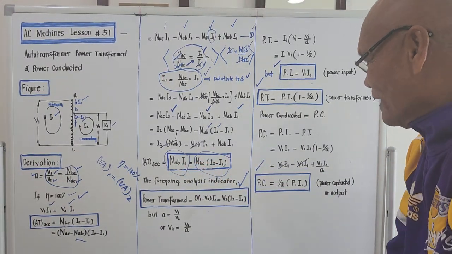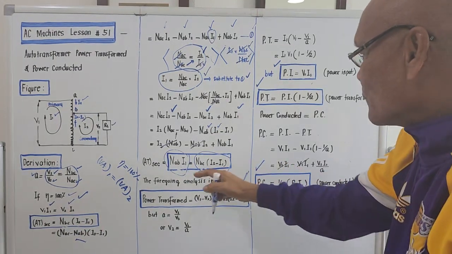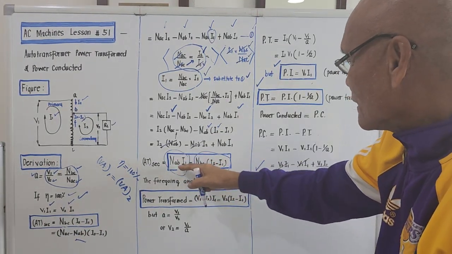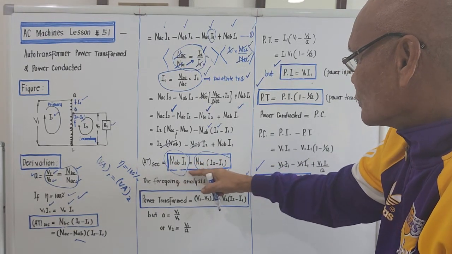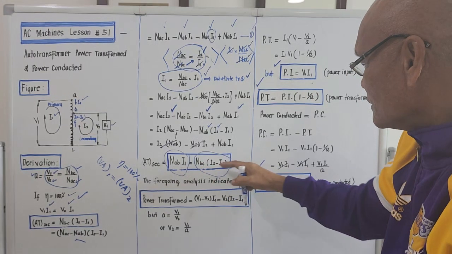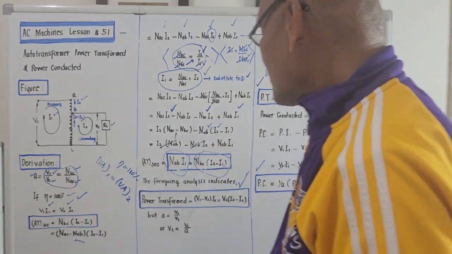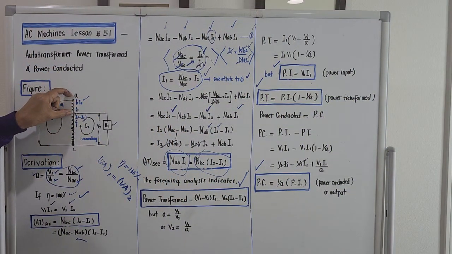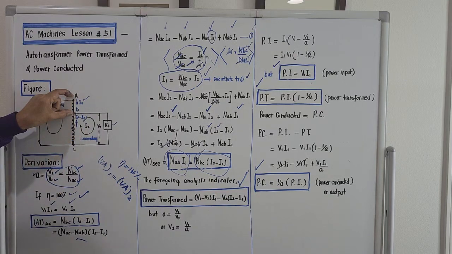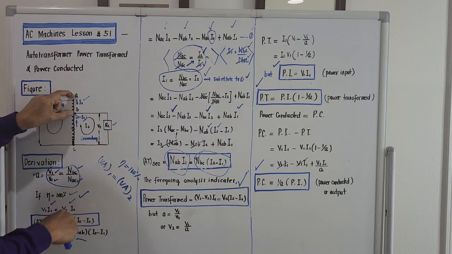And we will equate this now. We have proven that the ampere turns, the number of turns on the terminal AB times I1, should be equal to the number of turns on the BC times the current passing through I2. Why did I equate this one? The total number of turns here times the current passing here, we have proven it is actually NAB I1, and we equate this to this one.